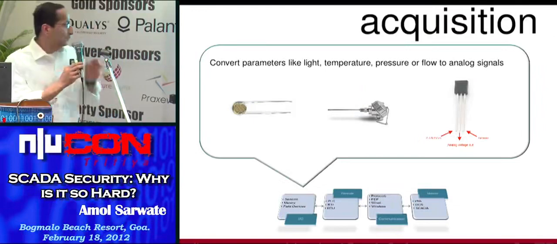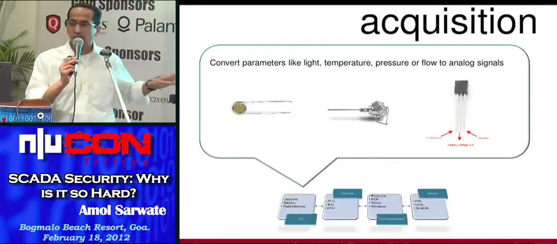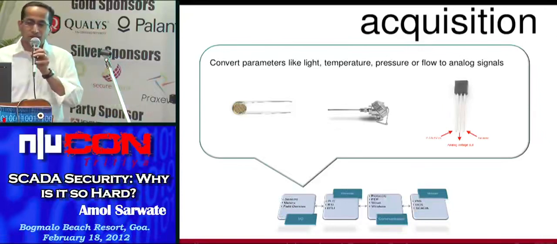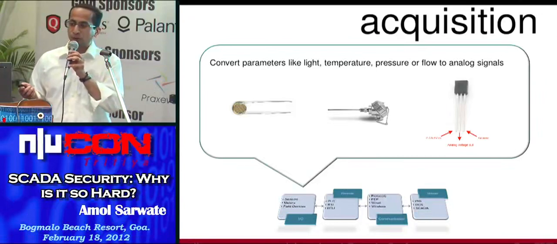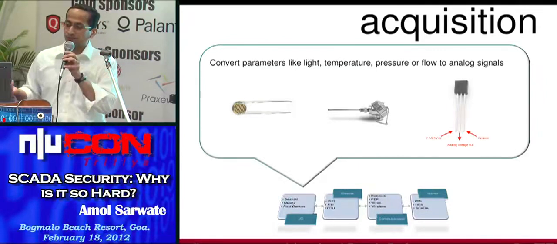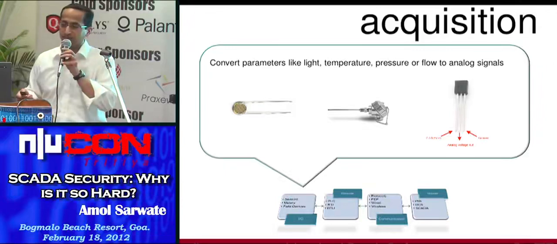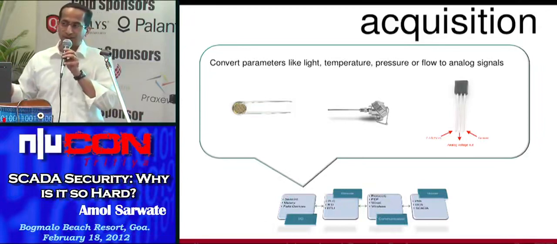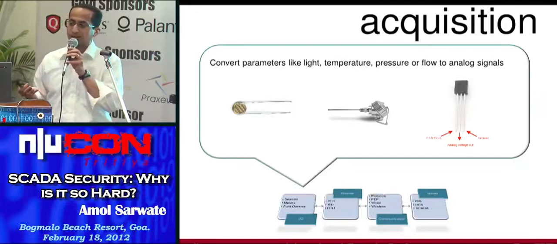So as I mentioned, on the left-hand side is what is called data acquisition. In data acquisition there are sensors, meters, and field devices which collect information. Some of the examples I've shown here are a photo sensor, which finds out how much light is around it and converts it into analog signals.